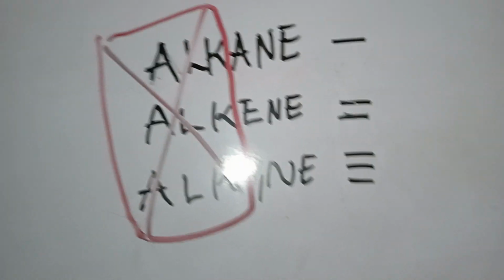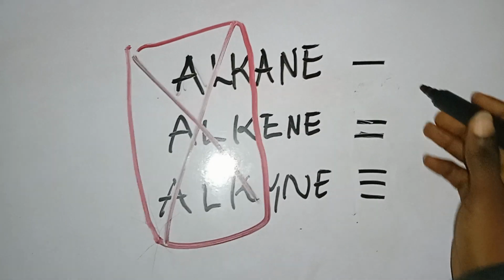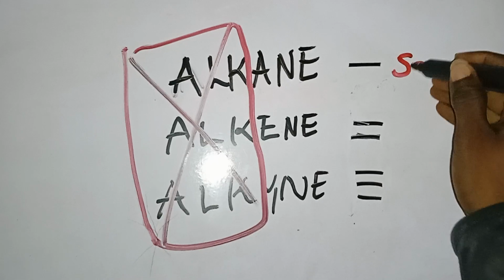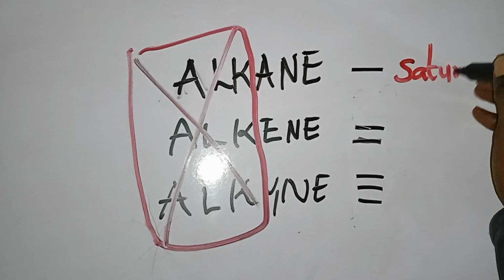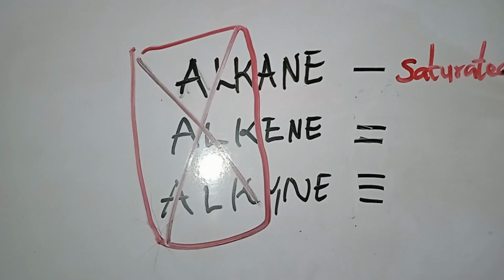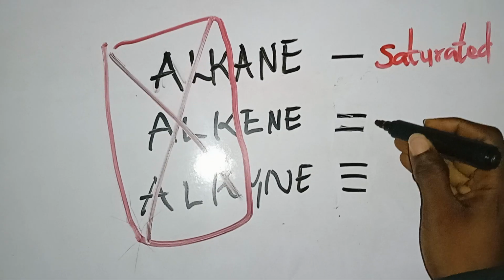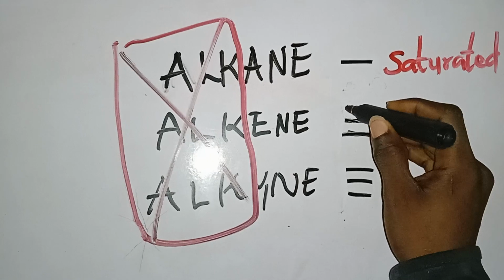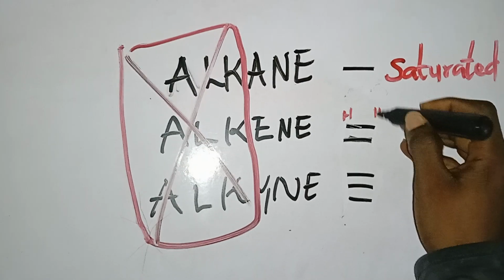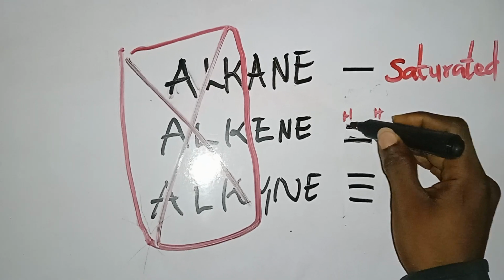Now you need to know there's something called saturated. Any compound that has single bond is said to be saturated because all its hydrogen is complete. And any compound that has a double bond lost two hydrogens. It lost two hydrogens to gain this bond.